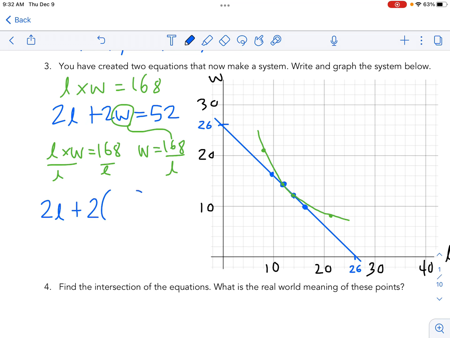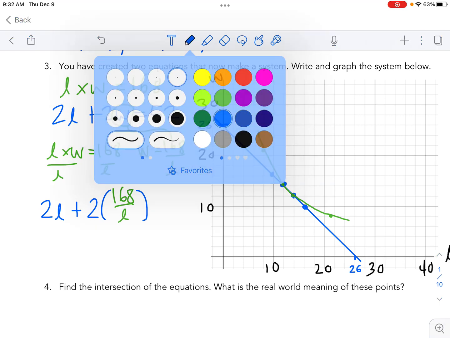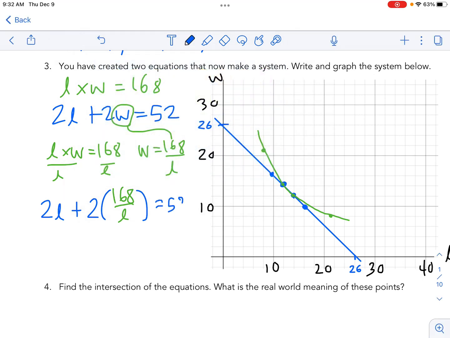So I've got 2L plus 2 times the quantity 168 divided by L, equals 52. So this is what typically happens when you have systems and one of the equations is not linear.